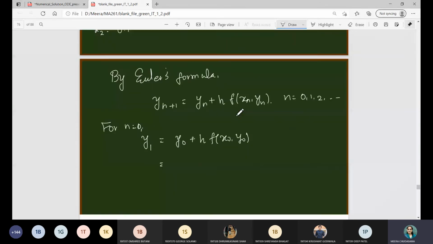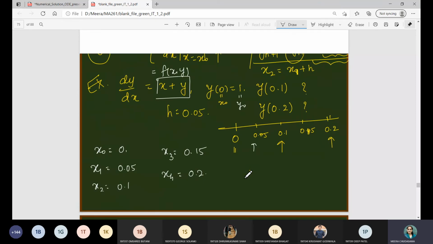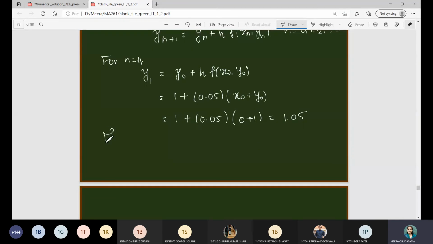Y0 is 1, so 1 plus h, which we have considered as 0.05, times f at x0, y0, which means x0 plus y0. That is equal to 1 plus 0.05 times (x0, which is 0, plus y0, which is 1). So what will be the simplification? 1.05.